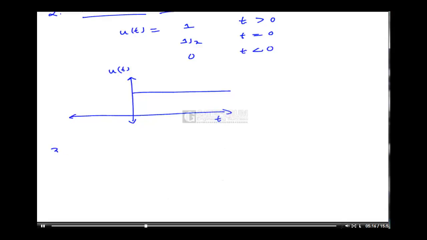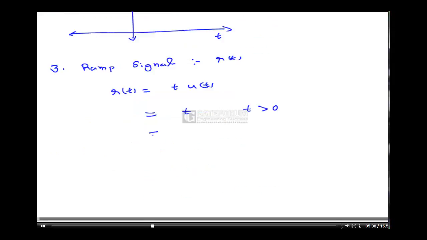Third type of signal is the ramp signal, denoted by r t. r t is equal to t u t, or I can write it is equal to t for t greater than 0 and is equal to 0 elsewhere.